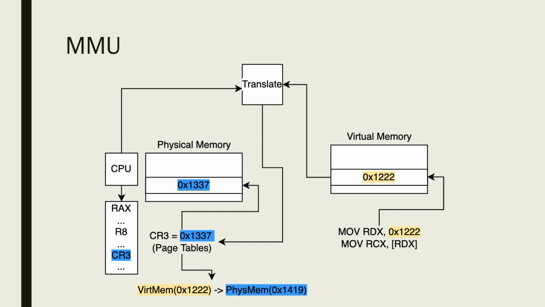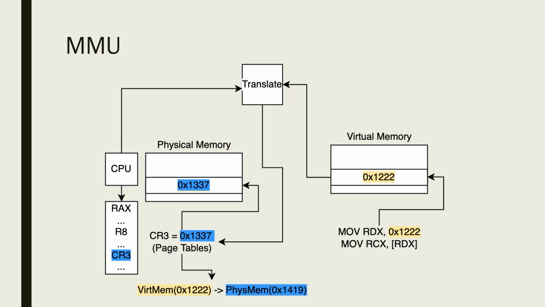The way that happens on x86 is that there's a physical address stored in the CR3 register, which is a system register that cannot be modified by userland processes. Typically, the kernel will intercept modifications to it to protect it. And that CR3 register will contain the physical address of where the page tables live in memory.